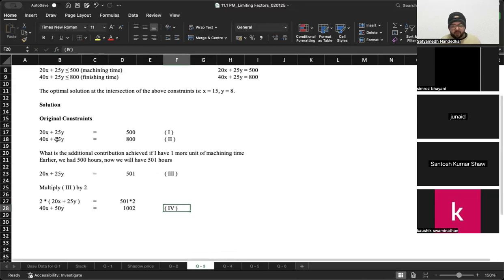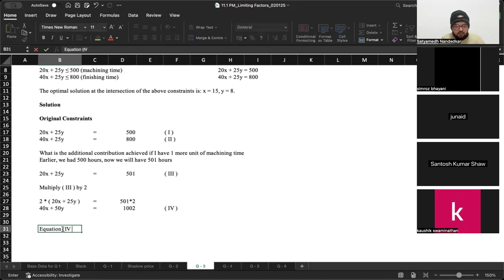Now I have equation 2 and I have equation 4. So now what I'm going to do is equation 4 minus equation 2. So 40x plus 50y minus 40x plus 25y.